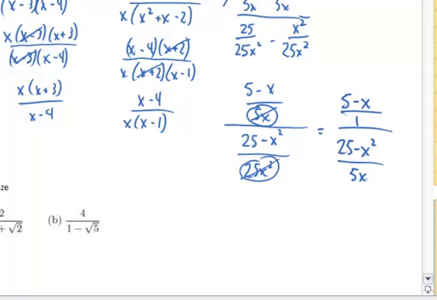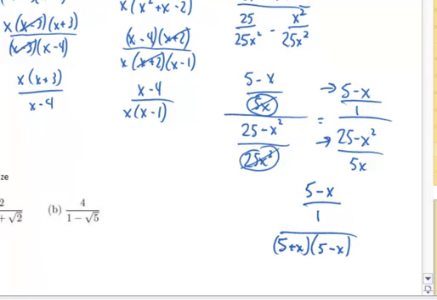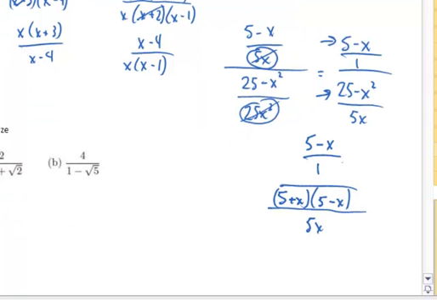Another thing I can do, I can notice the numerator here and the numerator here have something in common. So I'm going to rewrite the numerator and the denominator term as being 5 plus x, 5 minus x, because I recognize that it's a difference of squares, all over 5x. And now what I'm going to get is this term is going to cancel with that term.